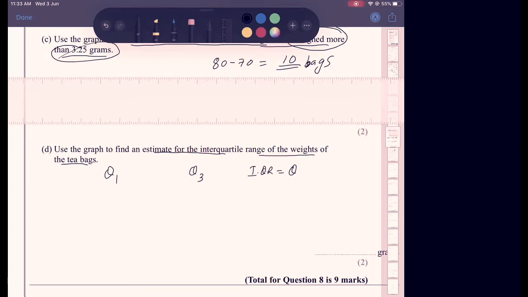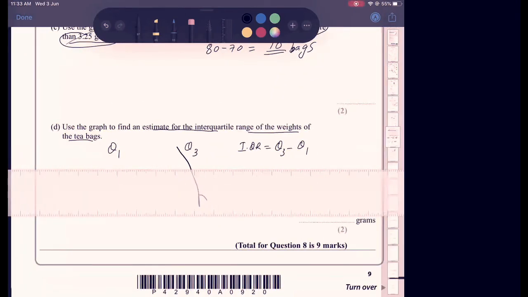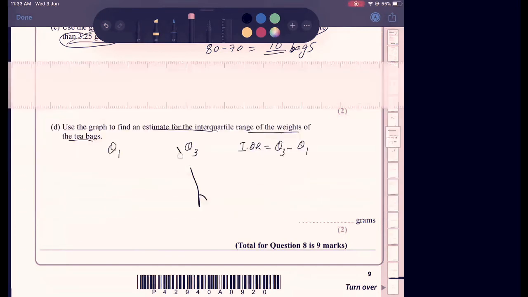First of all, we need to find the lower quartile and the upper quartile. For that we use a relation with the total frequency. What is the total frequency given in this question? That is 80.